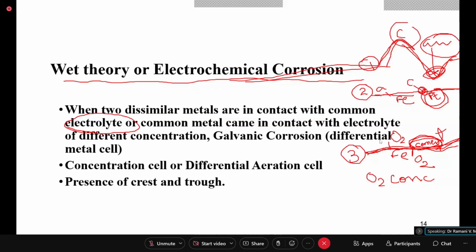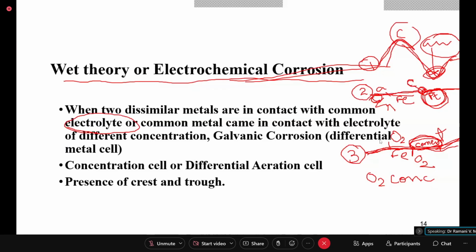Then, two dissimilar metals: maybe as an impurity, platinum is there, or as an impurity you may have zinc or magnesium in iron. In both cases you will find that anodic and cathodic areas are developing. If the metal which is an impurity is more noble or passive, it will start behaving cathodic and iron will behave anodic.